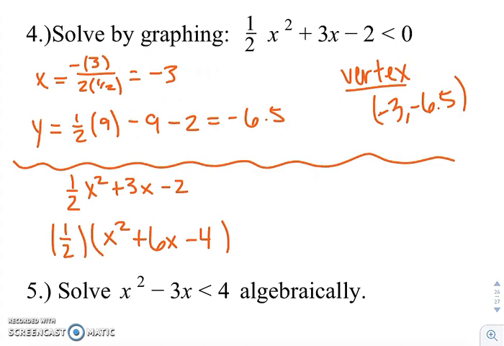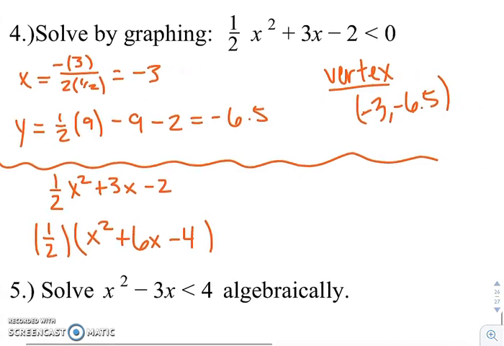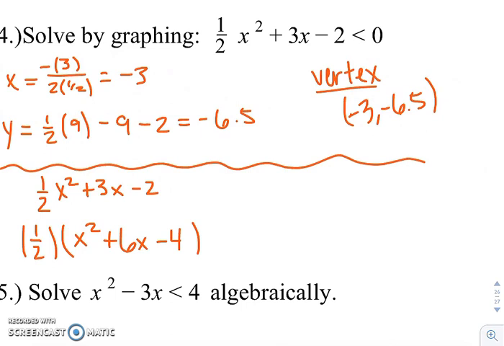And unfortunately, we can't. So we always do want to check because I always think factoring is a lot easier if you can do it than using the quadratic formula. But I'm just going to use the quadratic formula to get our two values. So we're going to do the quadratic formula for just the part inside the parentheses.